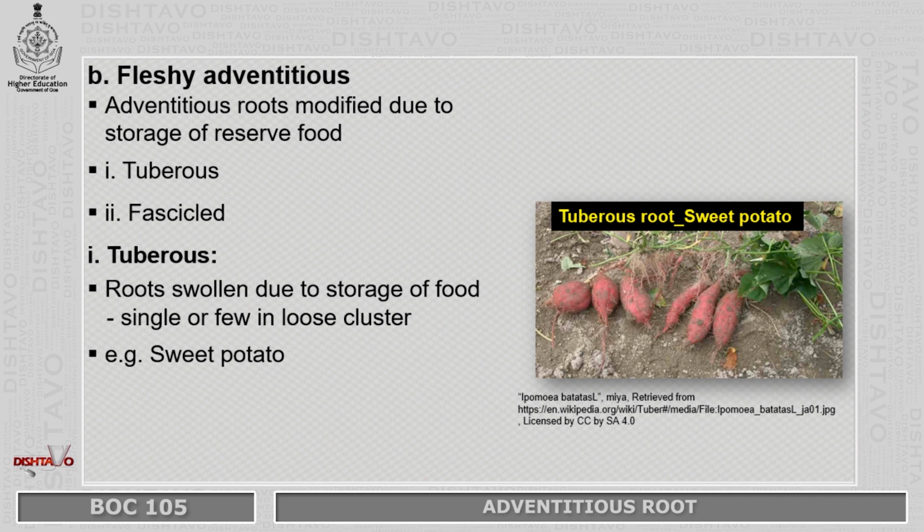Tuberous roots are the ones which will be swollen due to storage of food, and mostly this type of roots are single or they may be few in loose clusters. The best example for tuberous root is sweet potato. You will find one or two tubers, or maybe loose clusters of a few tubers, in sweet potato. These are the enlarged portion of the terminal end of these roots.